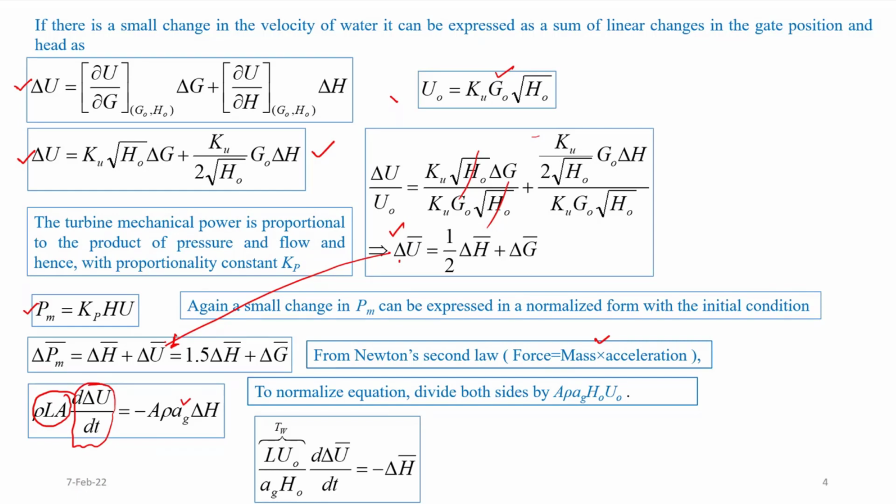Okay. So now if we evaluate L U naught divided by Ag H naught, that is in the unit of seconds. So I can represent that as a time constant.